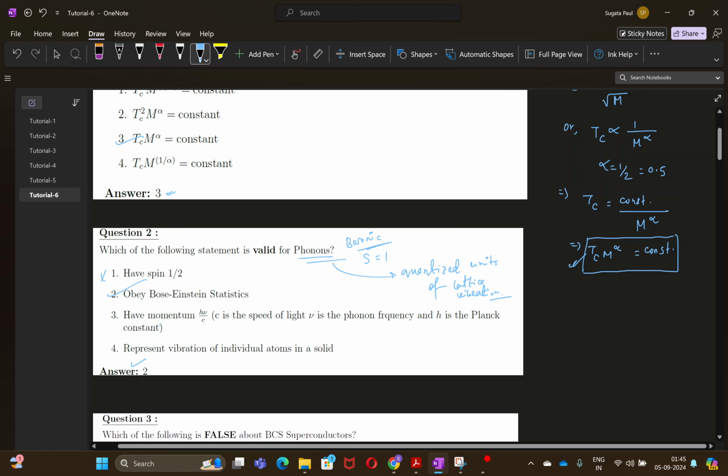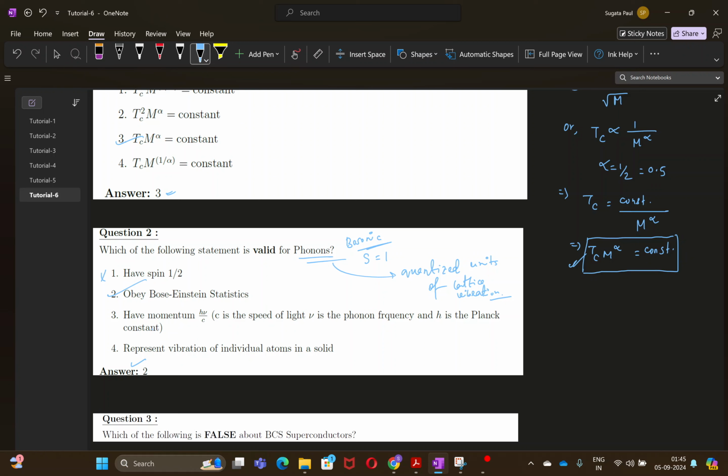As I said, its spin is an integer and not a half integer multiple. That means it is not following Fermi-Dirac statistics. It is not a fermion, but it has an integer spin value, and it obeys Bose-Einstein statistics, because it is a bosonic particle. So this is right.